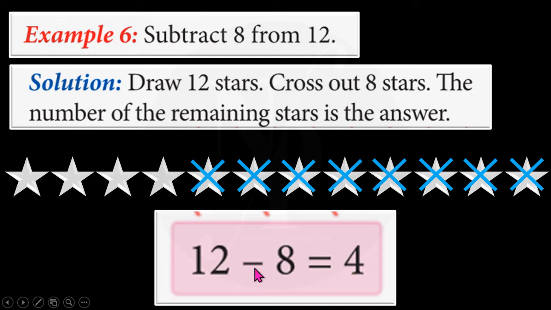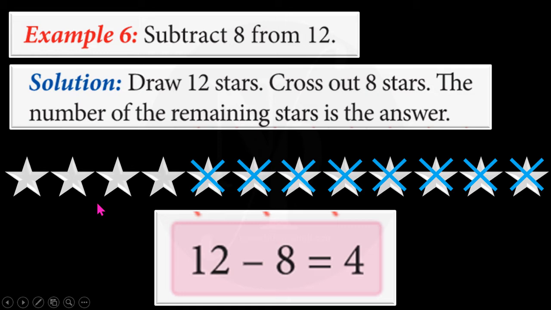So 12 minus 8 is equal to 4 represents this subtraction operation. Therefore, the answer for the question subtract 8 from 12 is 12 minus 8 is equal to 4. Here in this example, the stars are taken as objects to perform the subtraction operation.